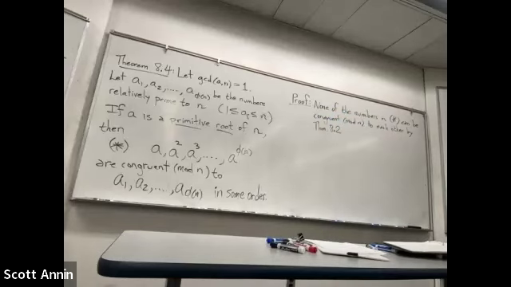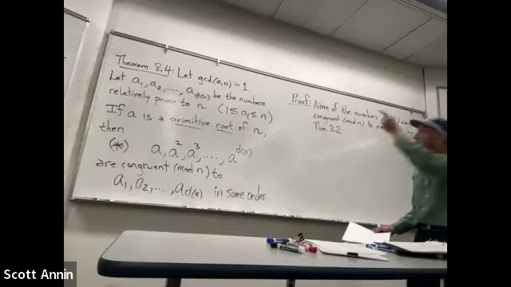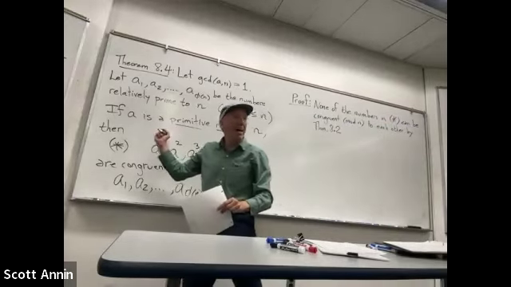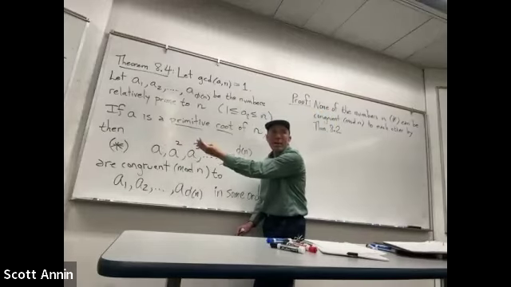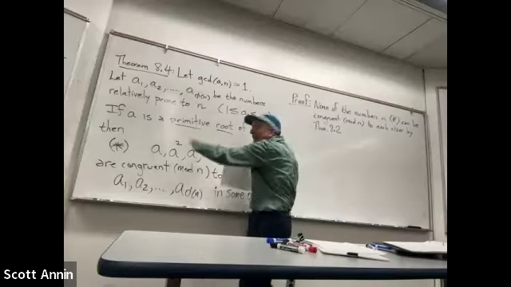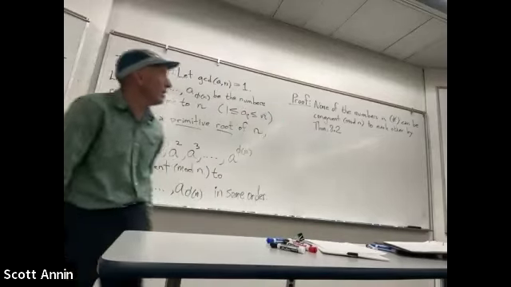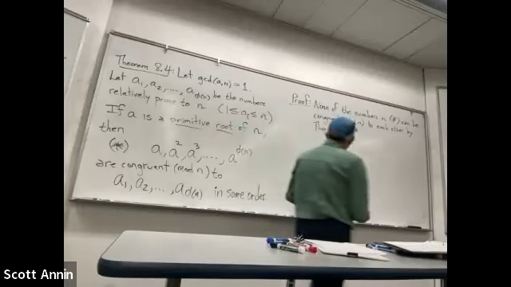That's the one that just says that two powers of A are congruent to each other if and only if the powers are congruent modulo K. But in this case, the K is phi of n. And these are all different powers of A that are within this phi of n interval. So that's it.